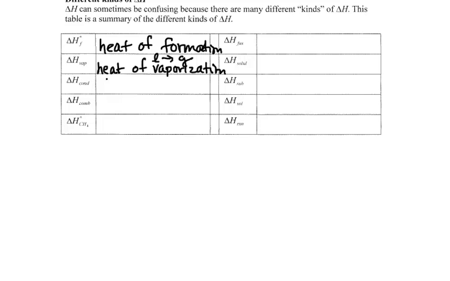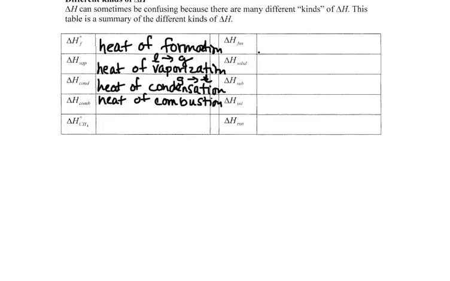This is heat of condensation. So condensation is gas to liquid. Okay, heat of combustion. We just talked about that when we were doing the methane. This would simply mean the heat of the formation of CH4. You could write it there.